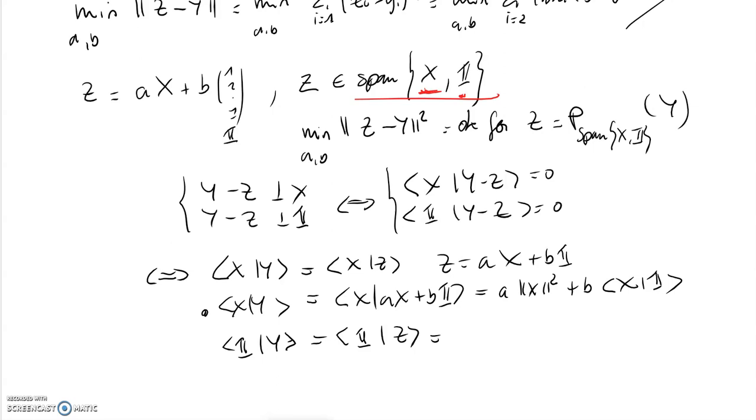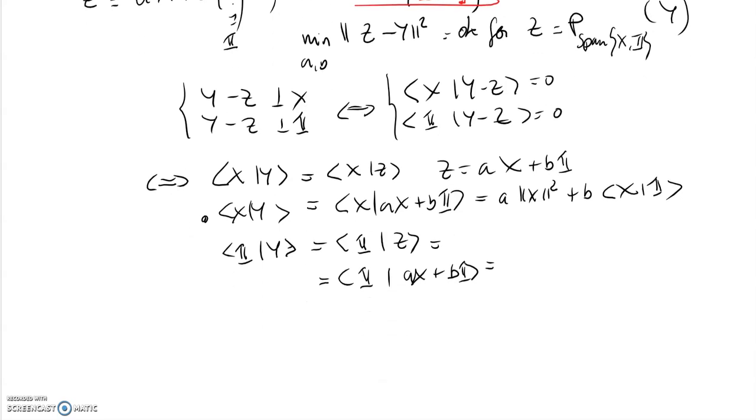Again, expanding by linearity, that is equal to 1 with ax plus b times 1, which is equal to a times x with 1, plus b times the norm of that one vector squared. That's it. We've got our two equations.